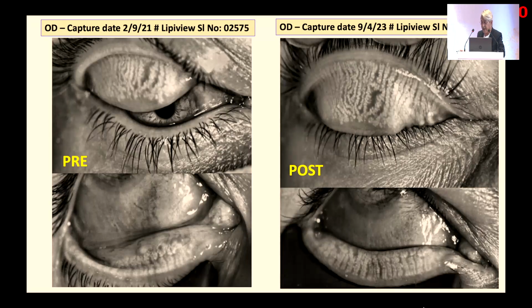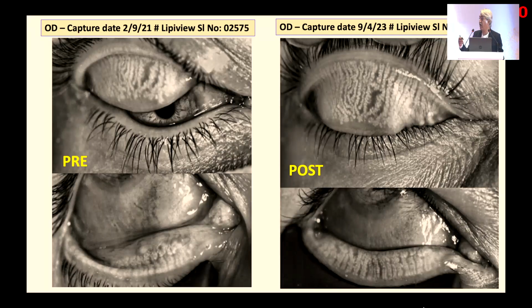I make it a habit that when the patient comes for follow-up at 1 year or 1.5 years, you see the glands have actually increased, with a tubular, racemose type of appearance. This is pre-treatment, this is post-treatment, after a gap of say 1.5 years. You see the lower lid, all glands, this is the same patient.